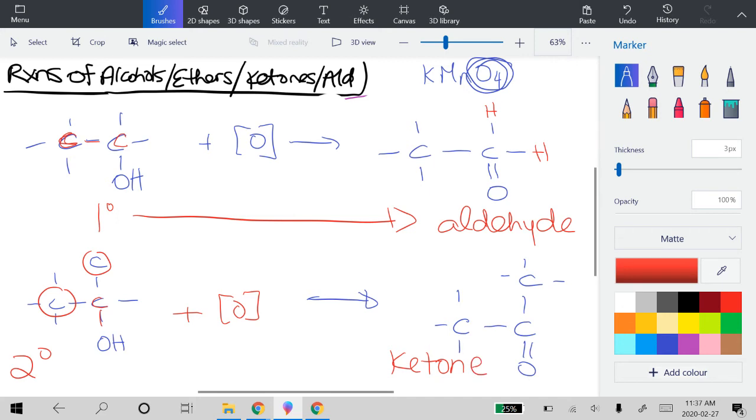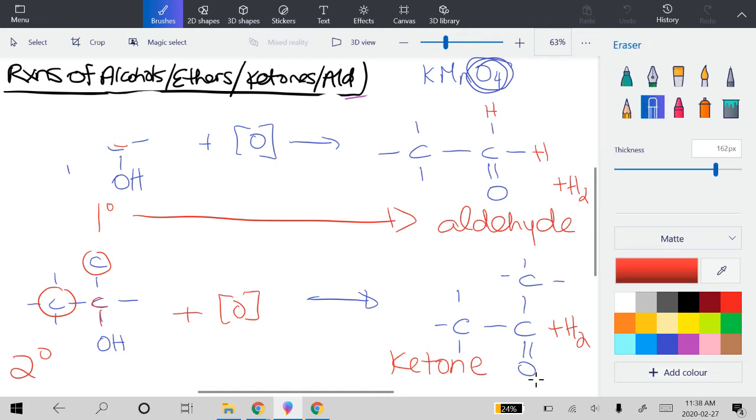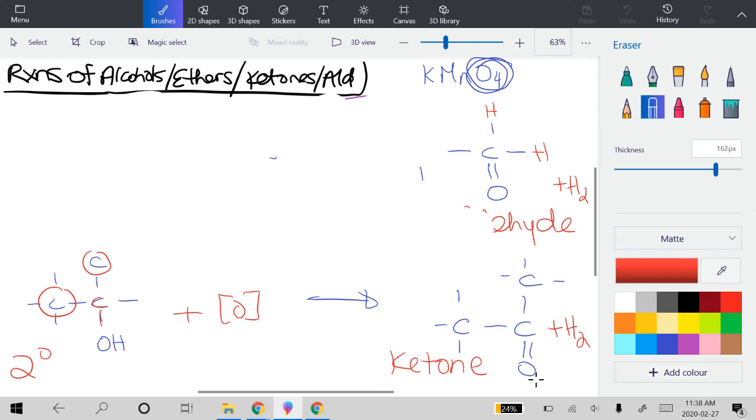And the small molecule that you're going to be making from both of these reactions is plus H2. I think somewhere in the answers I've put plus H2O, and that was definitely a typo. It's only plus H2 that you make. Then I did something really weird on the board where I made it a tertiary alcohol. Let me show you why that one has no reaction.